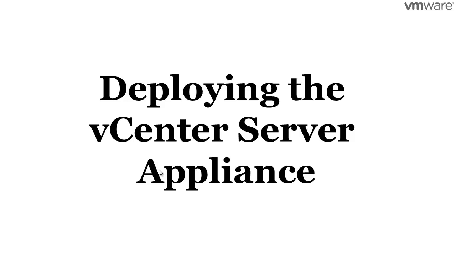In this video, I'm going to show you how you can download and deploy a Linux-based virtual appliance which is called vCenter Server Appliance. Both types of vCenter Server are capable of providing features such as managing your inventory, distributed resource scheduling, which is DRS, high availability, which is HA, virtual machine migration, which is vMotion, and it collects performance data as well.